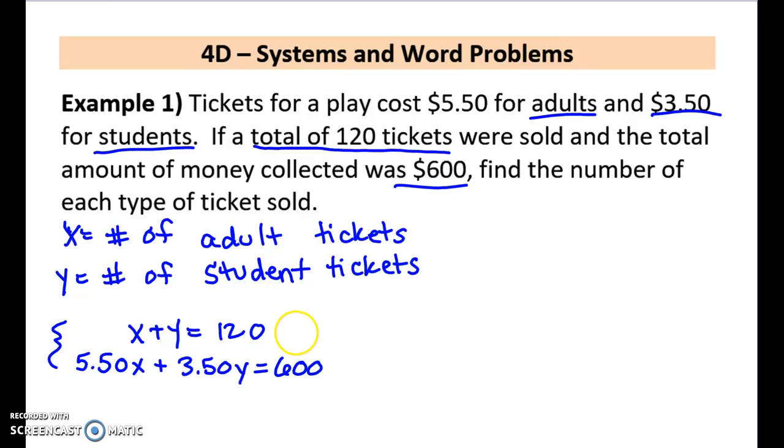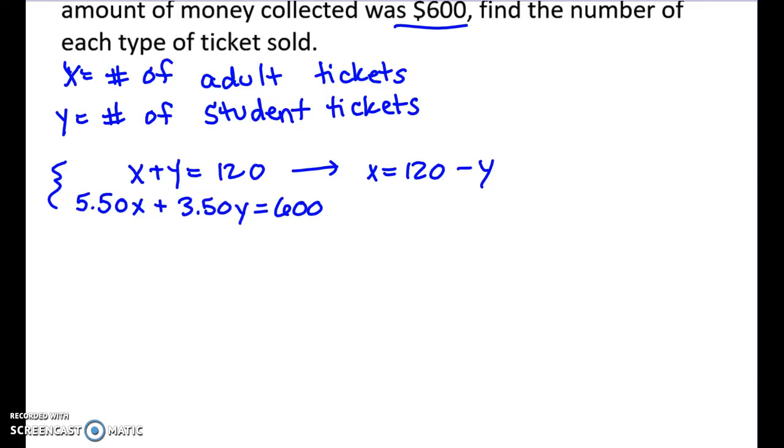I'm going to use substitution. So I'm going to take this equation right here and say that x is equal to 120 minus y. And then all I have to do is plug in. So I'm going to say 5.5 times 120 minus y plus 3.5 times y is equal to 600.